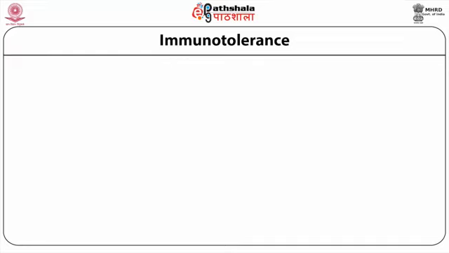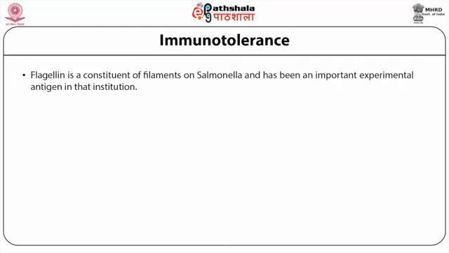G.L. Ada's lab at Melbourne, Australia was another important center where the research on understanding immunotolerance took place. C.R. Parish in that lab used chemically modified flagellin. Flagellin is a constituent of filaments on Salmonella and has been an important experimental antigen in that institution.